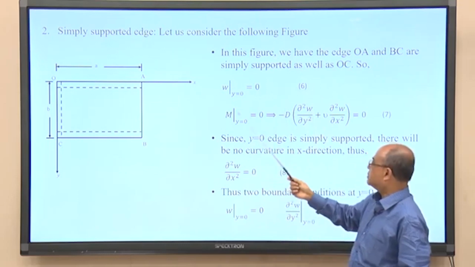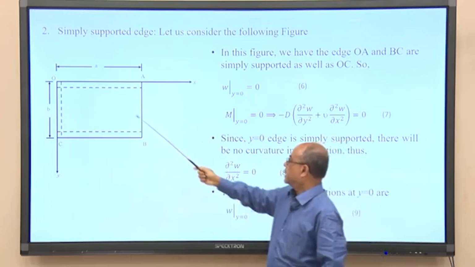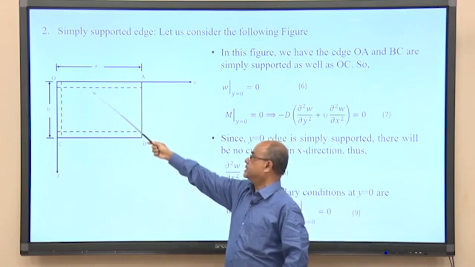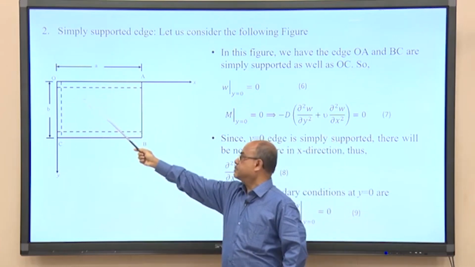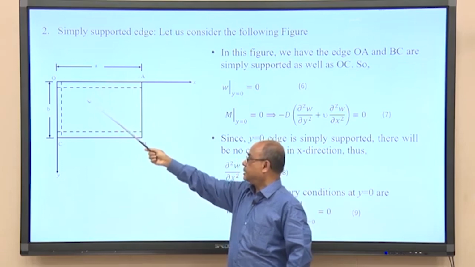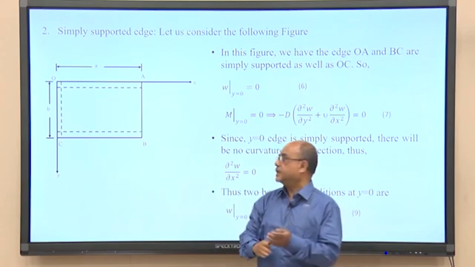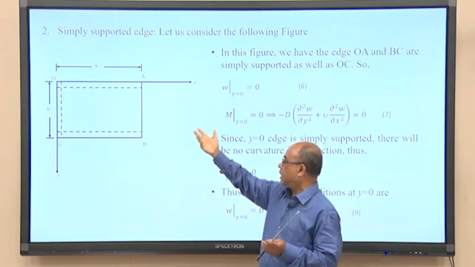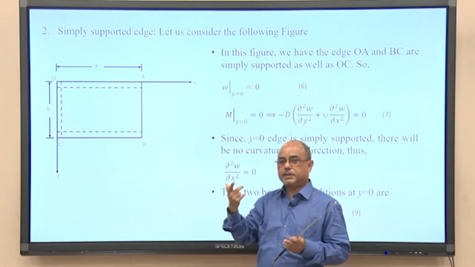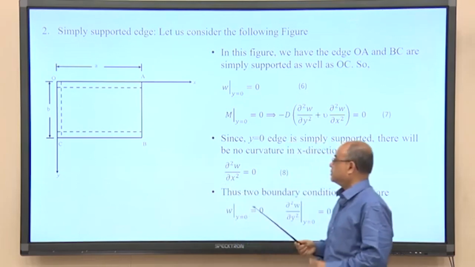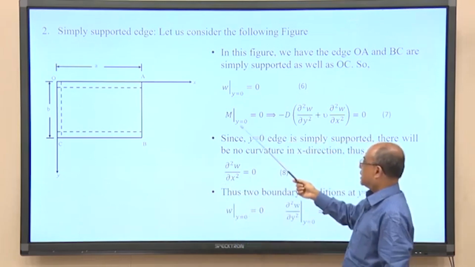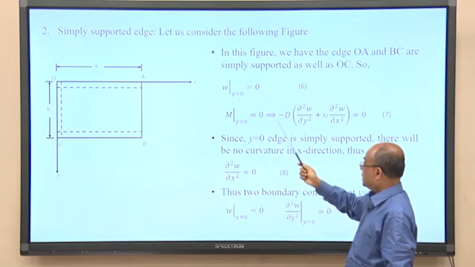Then the second condition, bending moment along the y direction. Since this is simply supported along the y axis, the slope along the y axis cannot vanish. So, the bending moment curvature exists and therefore the bending moment is 0.